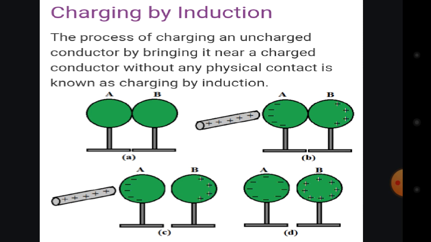We are trying to bring it near, but not in contact, because if you want to do induction without any physical contact, we must make sure that they are not in contact. In this diagram of B, we show a rod containing positively charged particles. We are trying to do the charging. We bring it close to the spheres A and B.